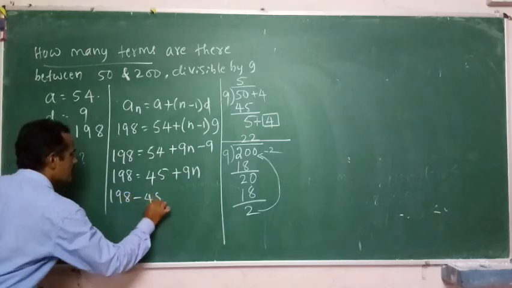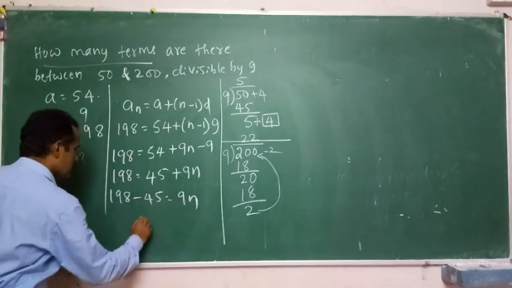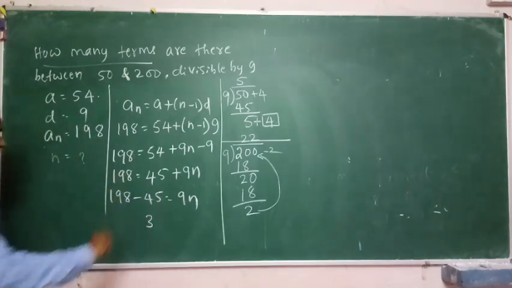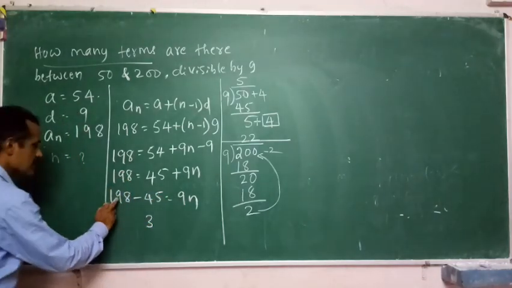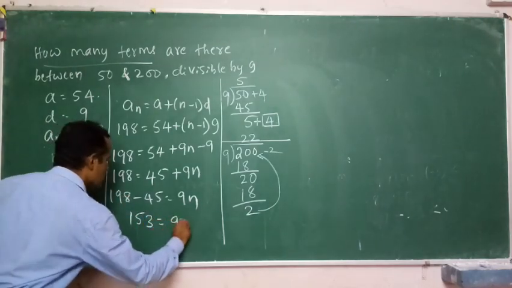I will shift this 45 to the LHS. 198 minus 45 is equals to 9n. 8 minus 5 is equals to 3, and 9 minus 4 is equals to 5, 1. 153 is equals to 9n.